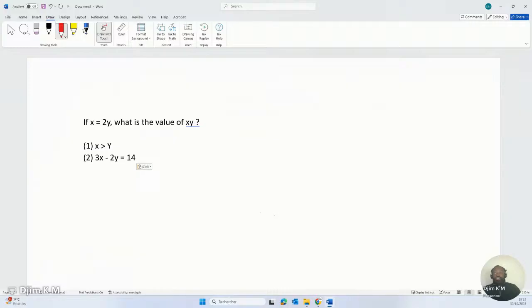So what we need to find out here, in the first condition it says that x is greater than y.